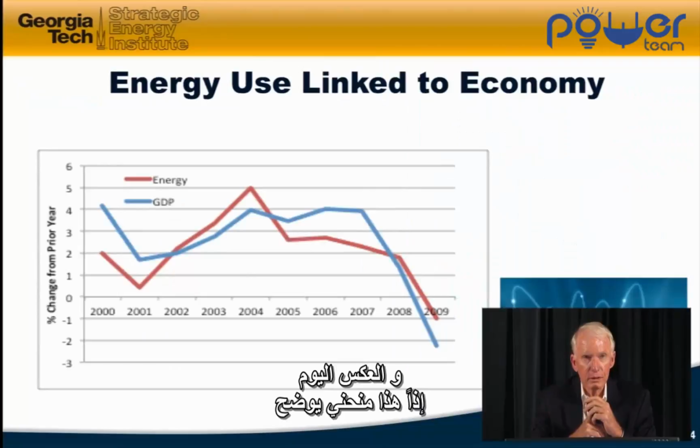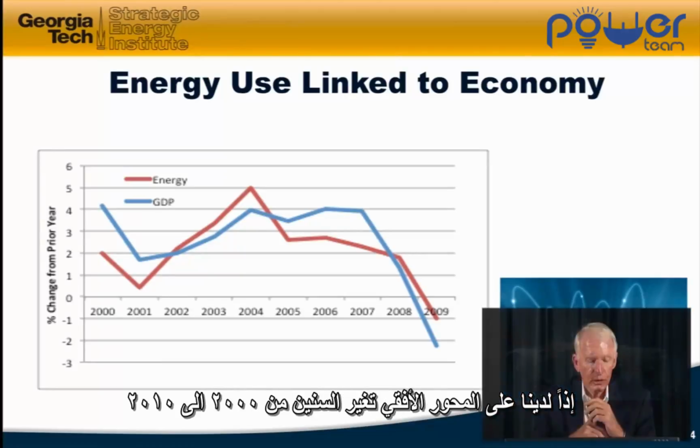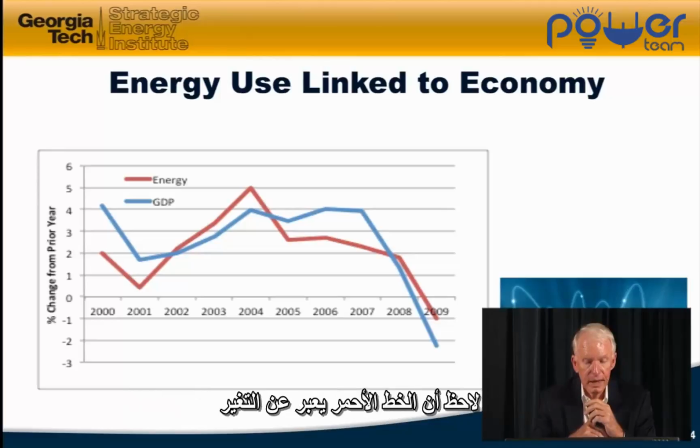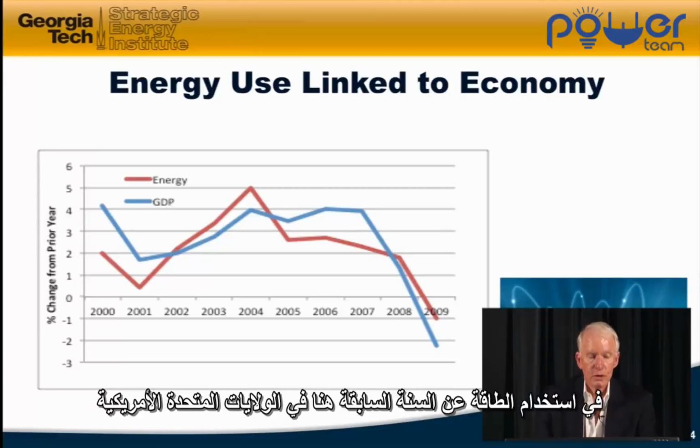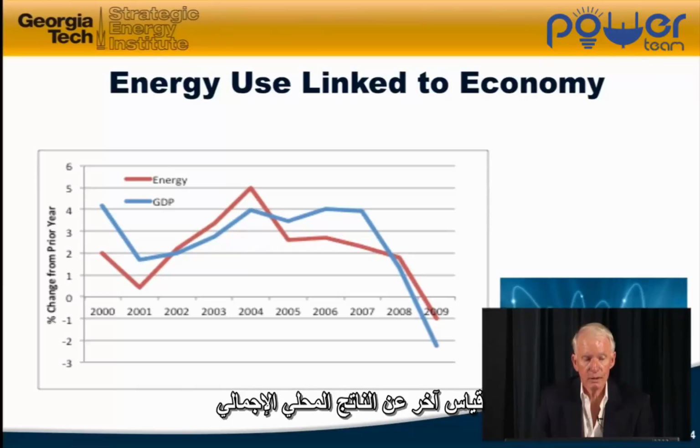So here's a curve that shows the correlation between the change in gross domestic product and energy use. Along the horizontal axis, we have year-to-year data from 2000 out to 2010, and you see that the red line is the change from the previous year of our energy use in the U.S., and the blue line is the change in our economy, measured by the gross domestic product.